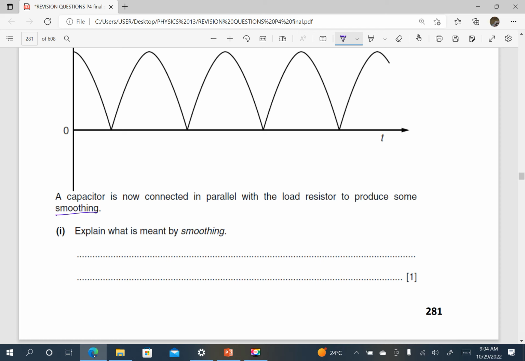We have already said smoothing is the reduction in the variation of the output unidirectional voltage or current.